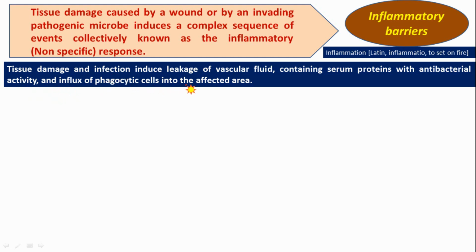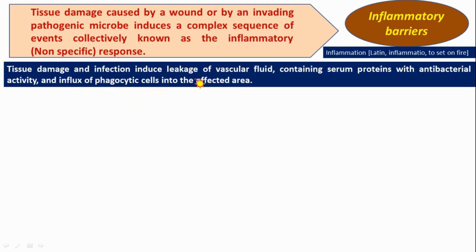So whenever there is tissue damage, there will be leakage of vascular fluid from the capillary towards the injured tissue, containing lots of serum proteins with antibacterial activity. Along with these antibacterial proteins, phagocytic cells will also move from the capillary towards the injured tissue.